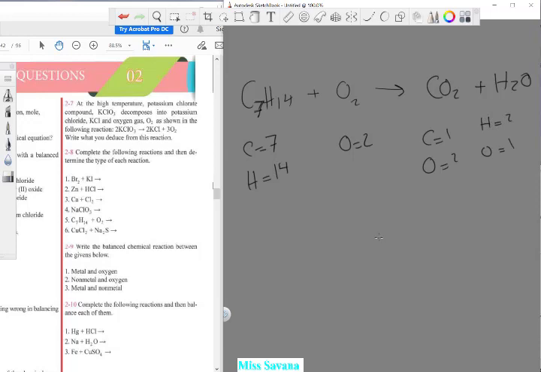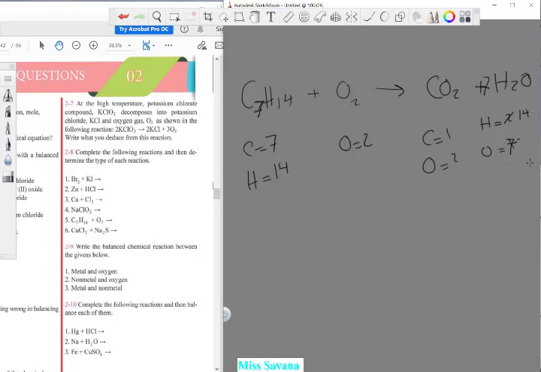I mean you have 14. Since you have 14, consider multiplying this by 7. Multiplying this by 7 means that you have here 14, and oxygen will be just 7. So now we are almost there.